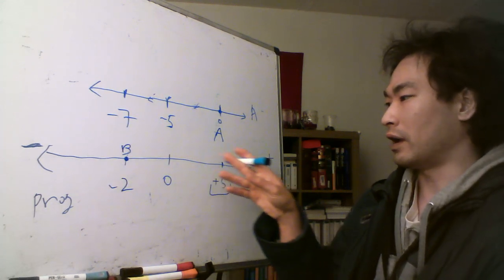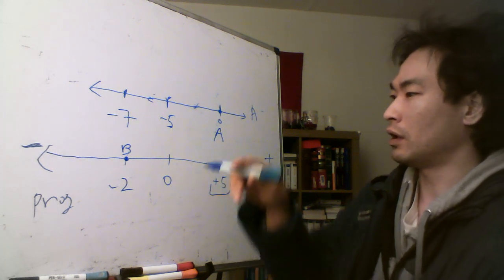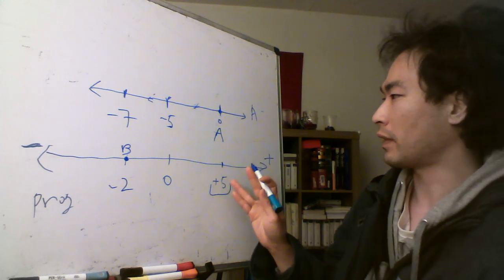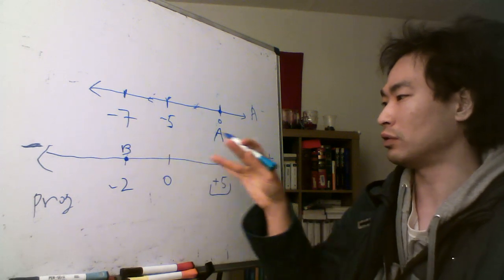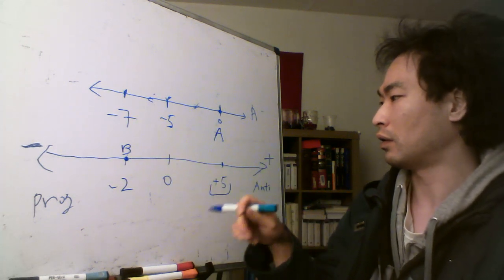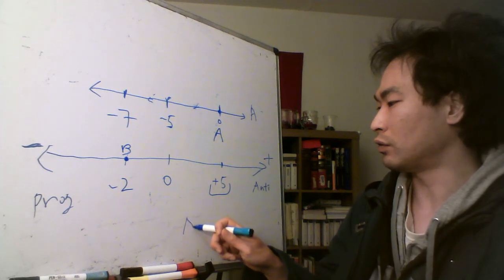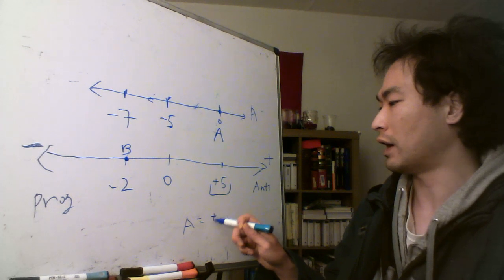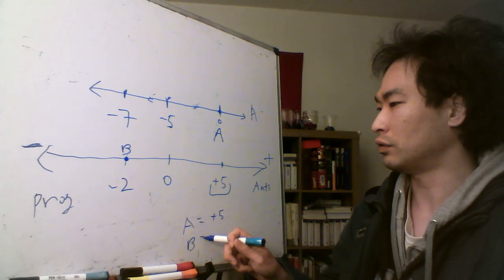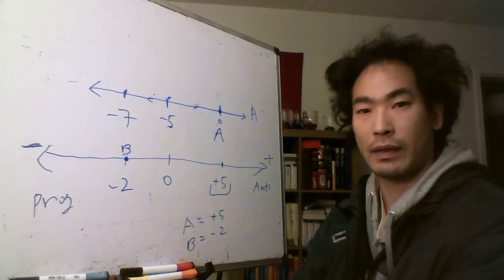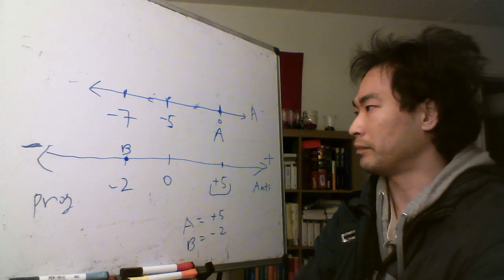In the absolute coordinate system, where you don't pass any judgment, the coordinate according to this absolute frame of reference, A is equal to +5 and B is equal to -2.